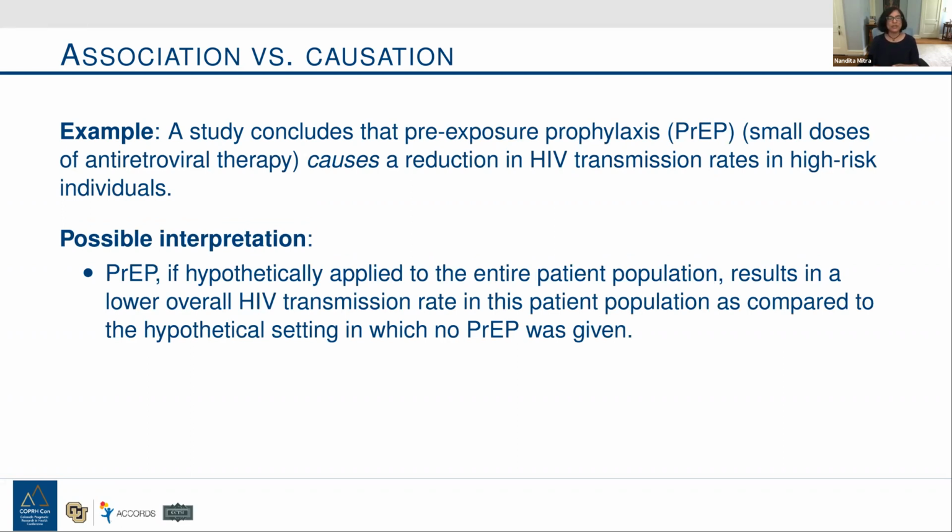So for example, say a study concludes that pre-exposure prophylaxis or PrEP causes a reduction in HIV transmission rates in high-risk individuals.